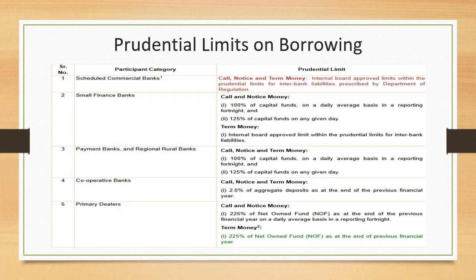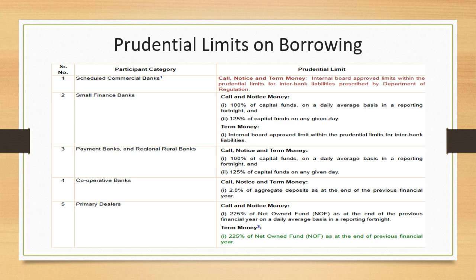Now there is a prudential limit which has been set on borrowing, which means for every type of borrower there is a limit up to which they can borrow. Right? You cannot borrow unlimited from call money. So what is the limit? If you are a scheduled commercial bank, then there has to be an internally approved prudential limit for interbank liabilities prescribed by Department of Regulation of RBI.